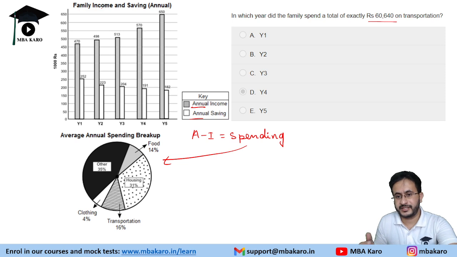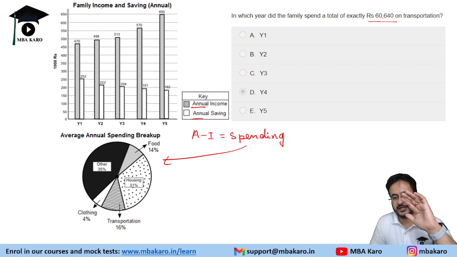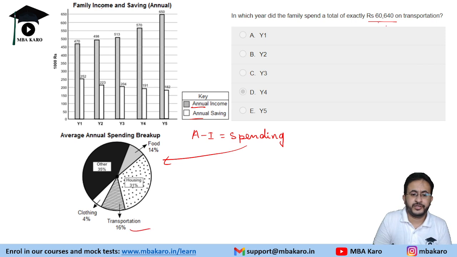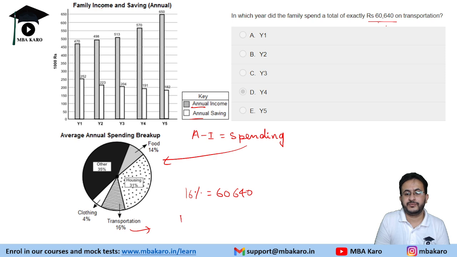So how to find this cost, like expense? 60,640 on transportation. Transportation is 16%, right? 16% is 60,640. So how much will be 100%? That is total expenditure will be. This is expenditure into 16%.